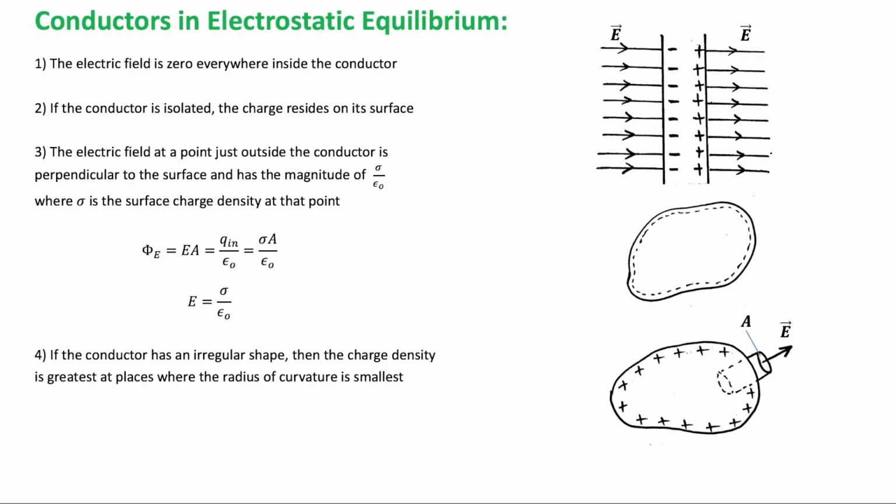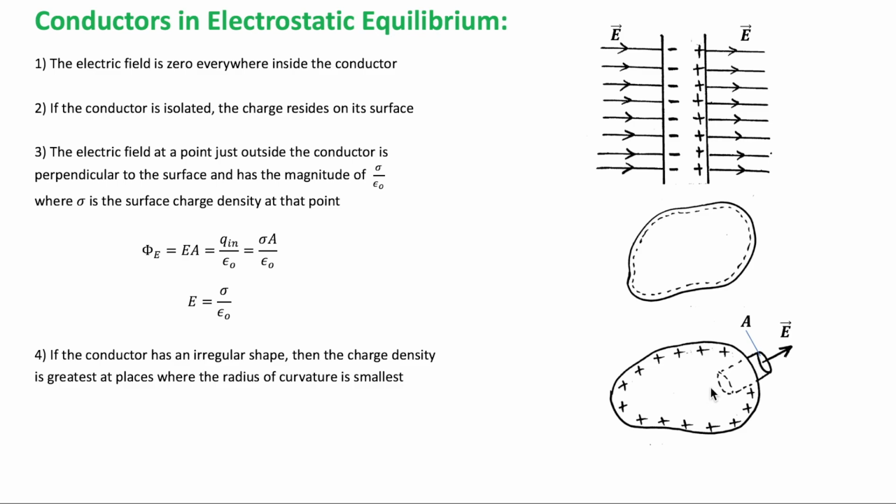The third condition for a conductor in electrostatic equilibrium is that the electric field at a point just outside the conductor is perpendicular to the surface and has a magnitude equal to sigma over epsilon naught, where sigma is the surface charge density. We can show this by taking a small cylindrical Gaussian surface with its two faces parallel to the surface of the conductor, where part of the cylinder is just outside and the remaining part is inside.